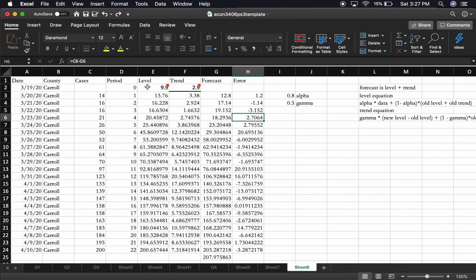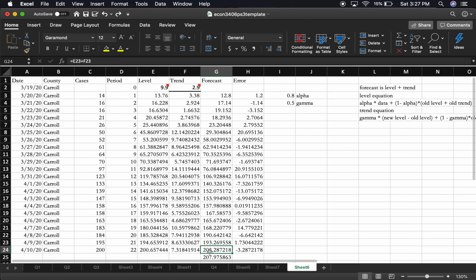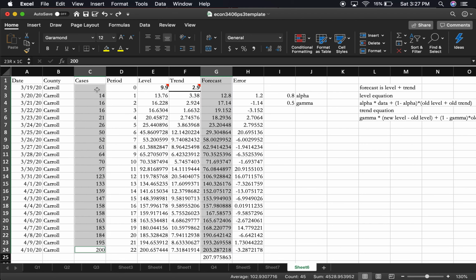Let me just put the number of cases and the forecast here. Let's see if we can do a two-dimensional line plot here.